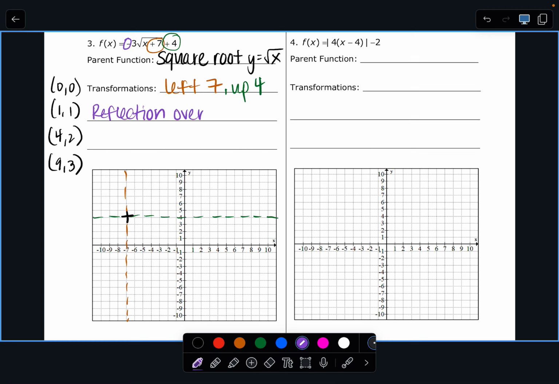over the x-axis. Now, whenever we did a reflection over the x-axis, that changed the signs of the y values. So anything that was positive is negative, and negative is positive. Now we have the 3. The 3 is a vertical stretch of 3.